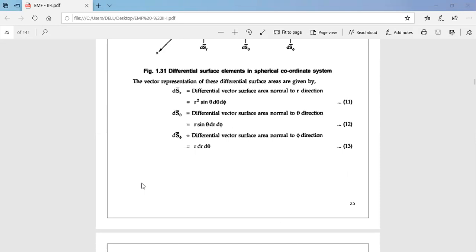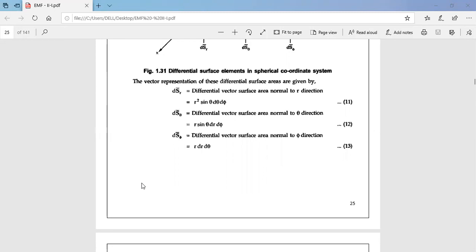Write this down for me. Vector A is big X, AX, plus big Y, AY, plus big Z, AZ.